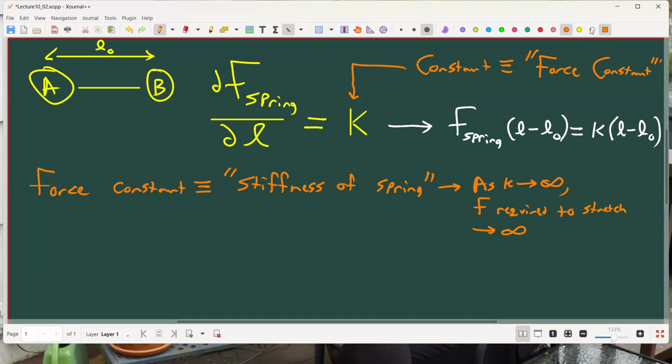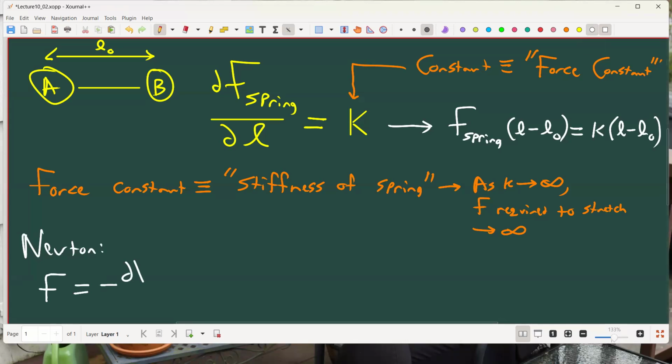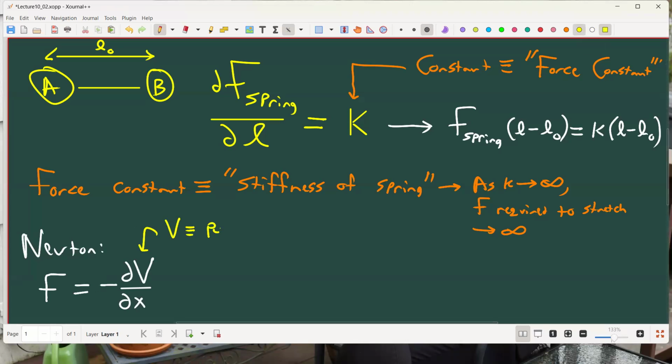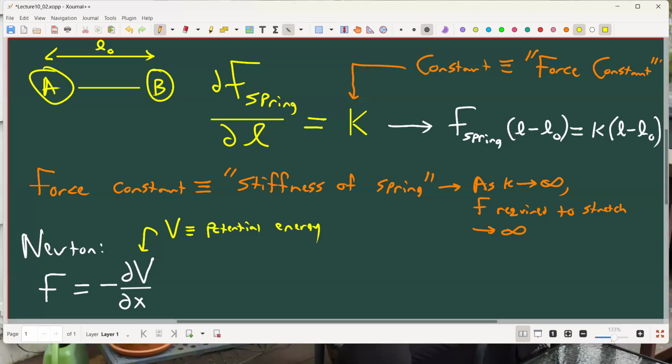One of the classics that comes from Newton's laws is that you can always write the force acting on something as minus the derivative of the potential energy with respect to position. This V here is the potential energy of the system. So this force, this linear function of L, is equal to the derivative of the potential energy of the spring times -1.